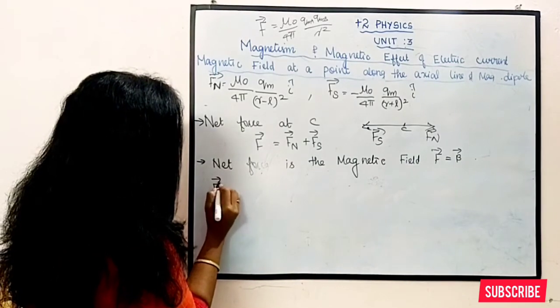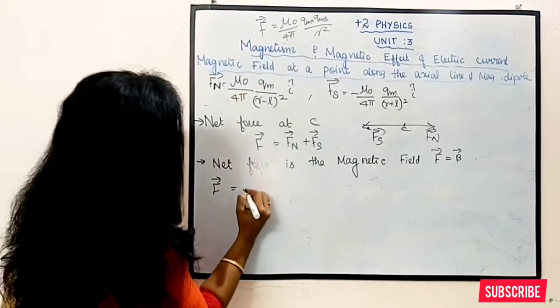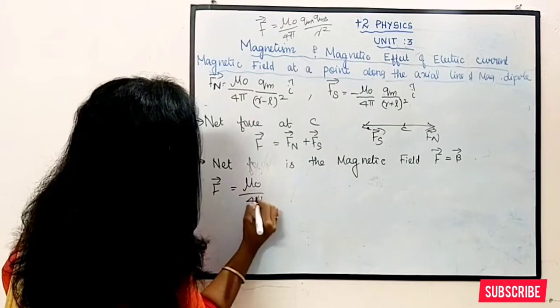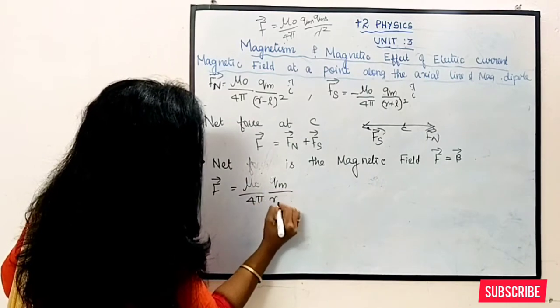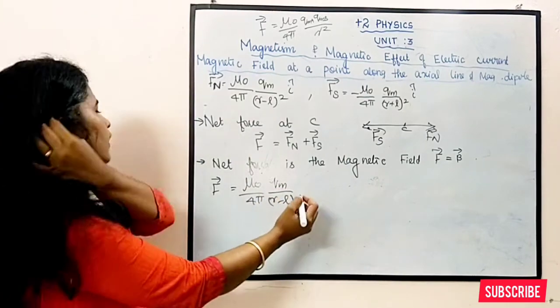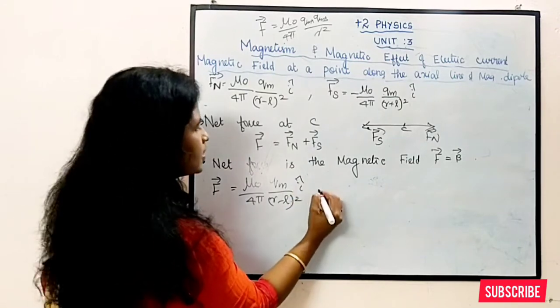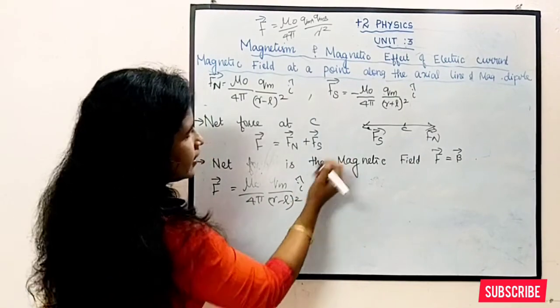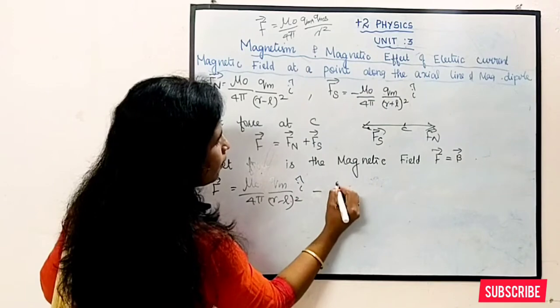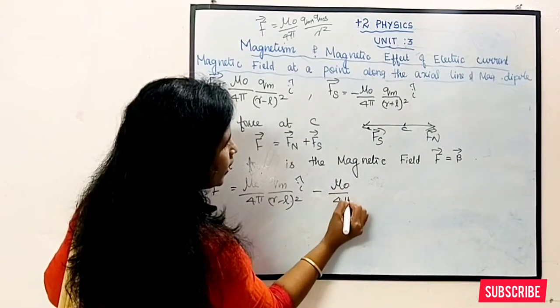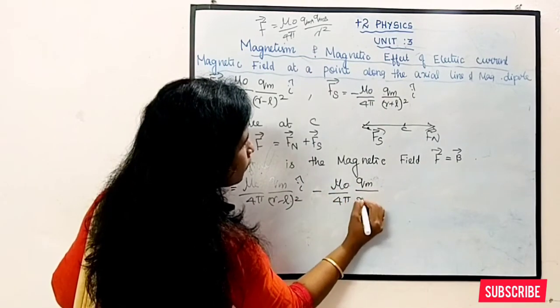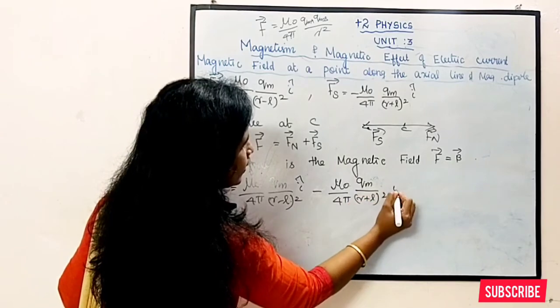Yes, we know that F is equal, what is Fn? It is mu naught by 4 pi Qm by R minus L the whole square into I cap. Okay, similarly Fs I can write since the sign is negative, minus mu naught by 4 pi Qm by R plus L the whole square into I cap.